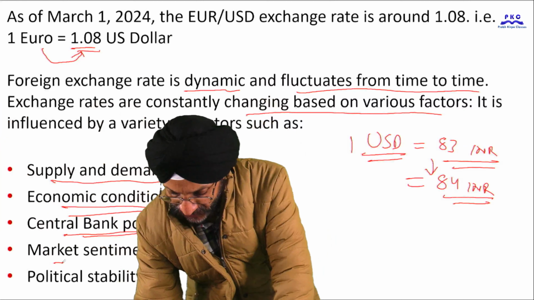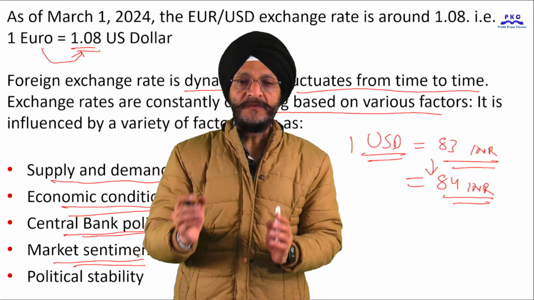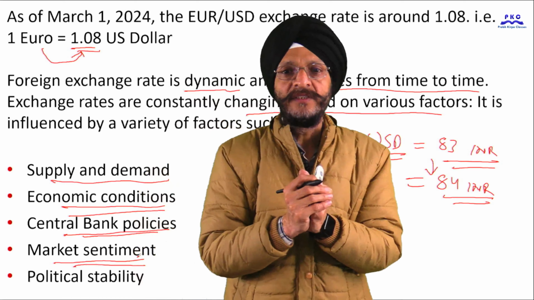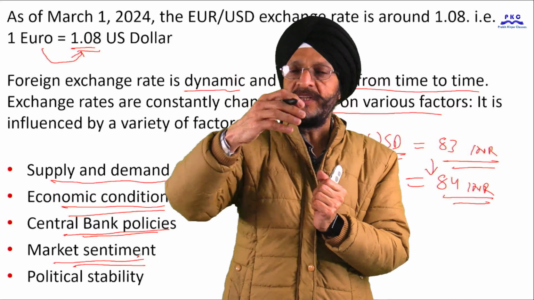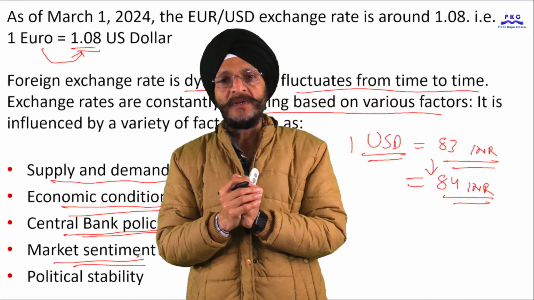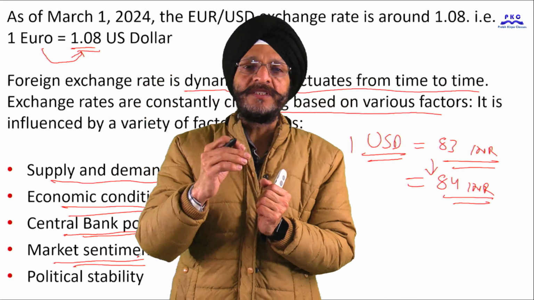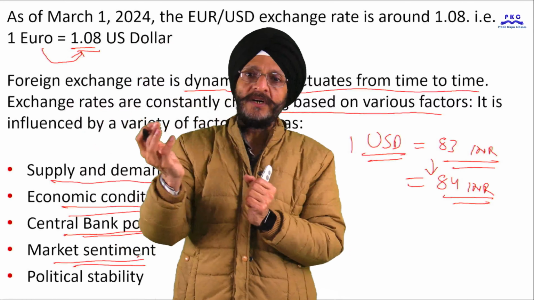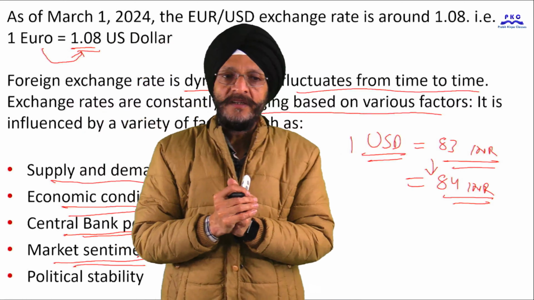If the market sentiments are good, the value of your currency will appreciate in relation to other currencies. If market sentiment is not proper, the value of your currency in relation to other currencies will decrease.